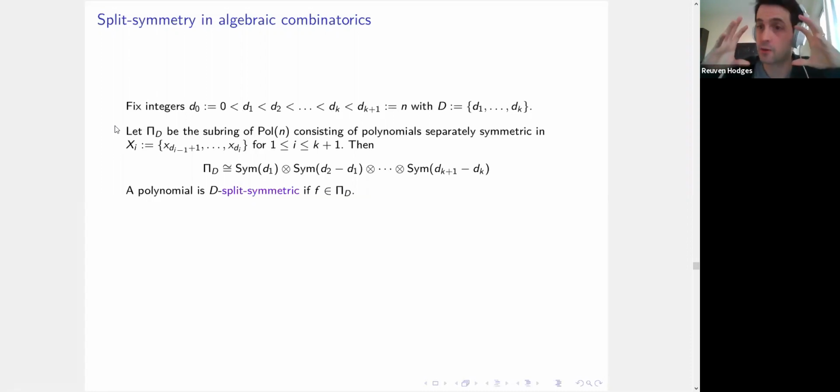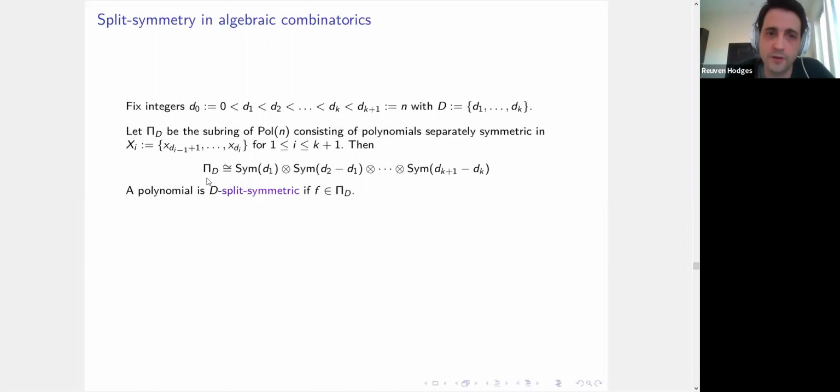Pol n is just the ring of polynomials in n variables, x1 through xn. Pi d is the subring consisting of polynomials that are separately symmetric in variables that depend on d. So d gives you a partition of your variables, and I would like my polynomial to be separately symmetric in the different subsets of variables.